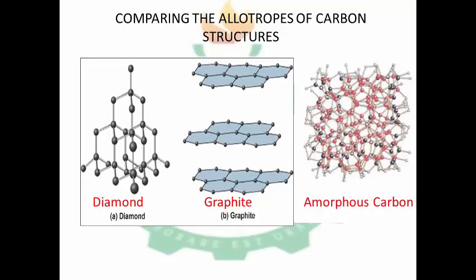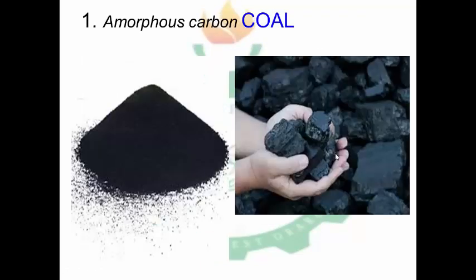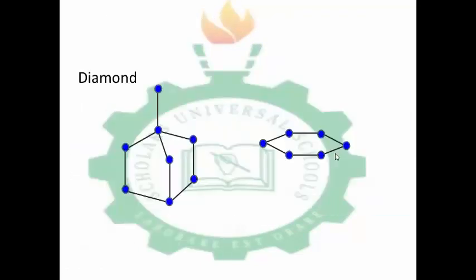So recall the structure, that this is for diamond, this is for graphite, and this is for typical amorphous carbon. Then we can have it this way. This is diamond. Here, this one is graphite. You can see the hexagonal structure.